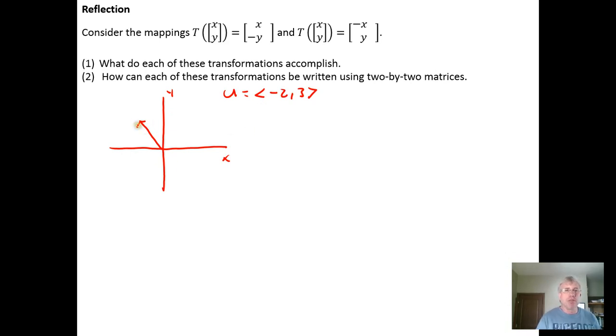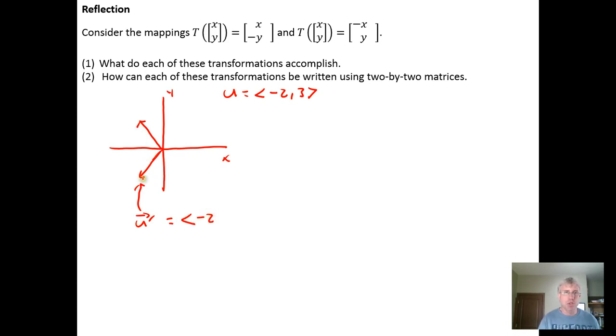If we wanted to reflect this vector in the x-axis, it would look something like this. I'm going to call it u prime because it's been transformed. This prime notation again denotes the transformed vector. To reflect in the x-axis, it's simply a matter of keeping the x-coordinate the same.